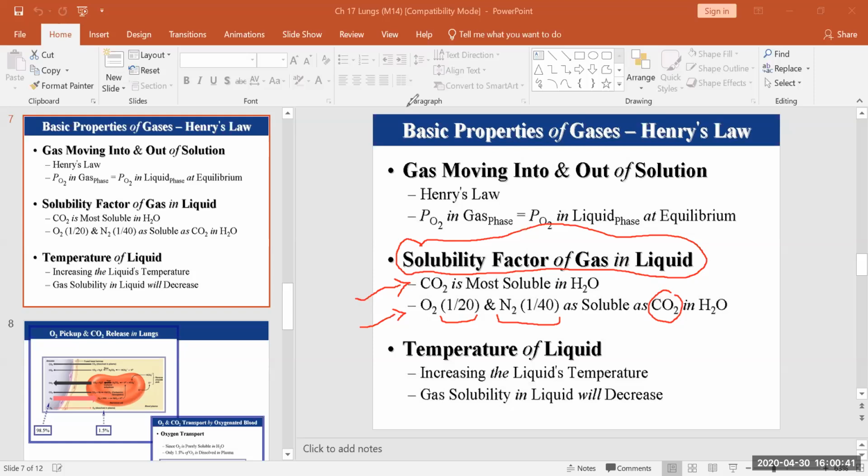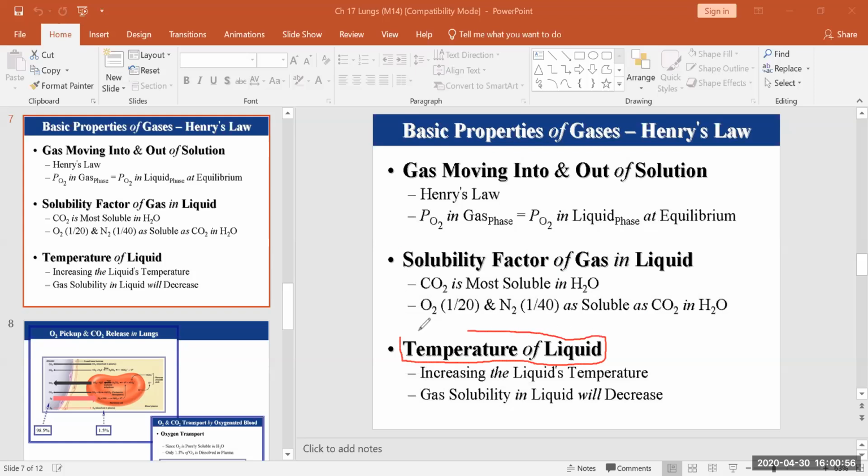And when we talk about solubility of gas in water, we can increase or decrease that solubility by playing with the temperature of the liquid, of the solvent, in this case the water. If you increase the water's temperature, you will decrease the gas solubility. In other words, if you increase the temperature of the liquid, the gas has a higher tendency to escape the liquid.